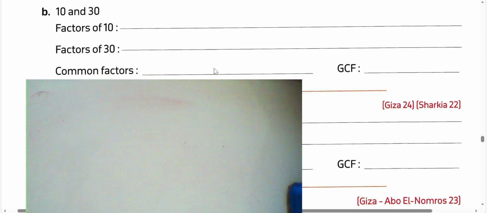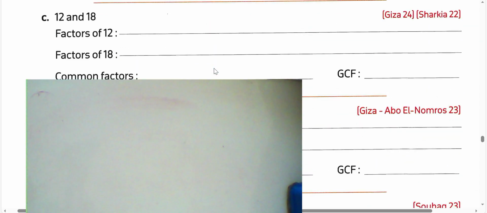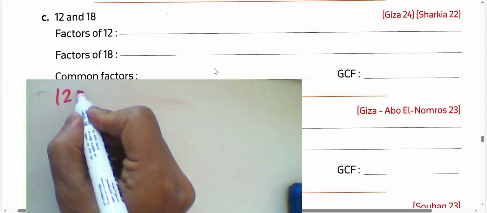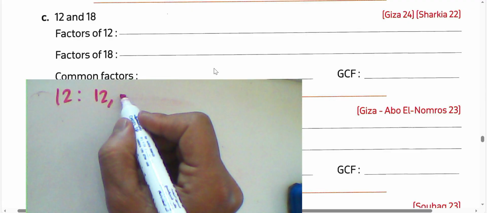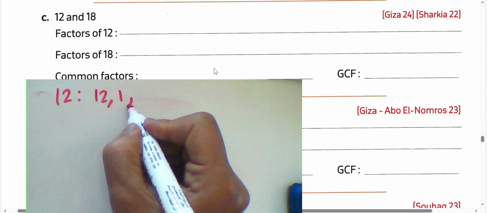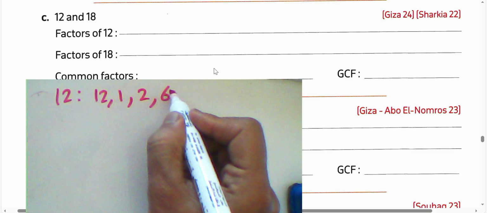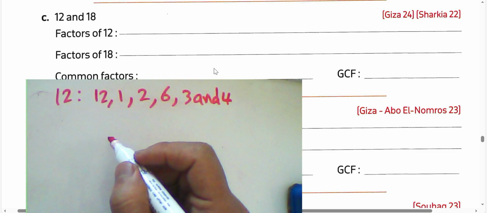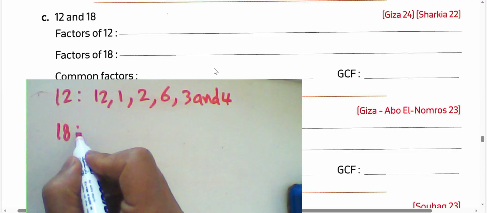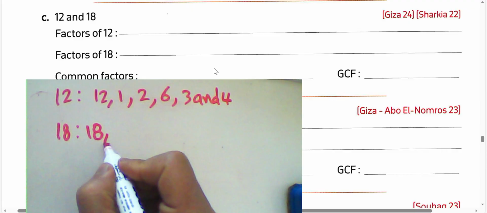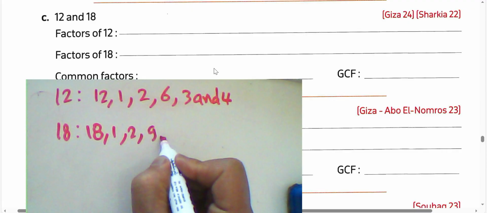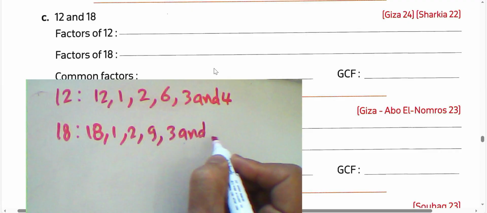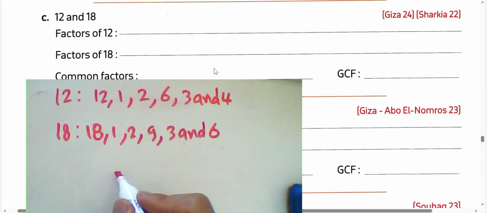Next question. 12 and 18. Factors of 12: 12 and 1, 6 and 2, 3 and 4. Factors of 18: 18, 1, 2, 9, 3 and 6.